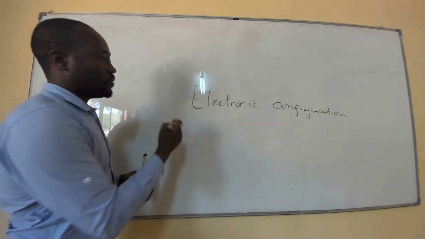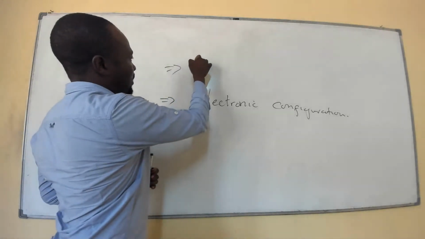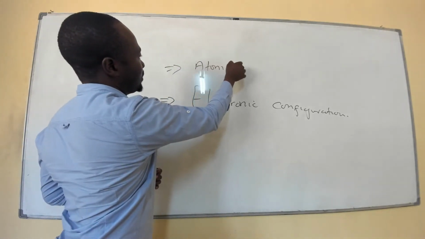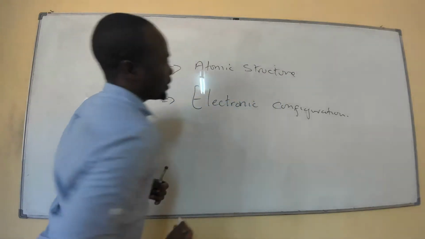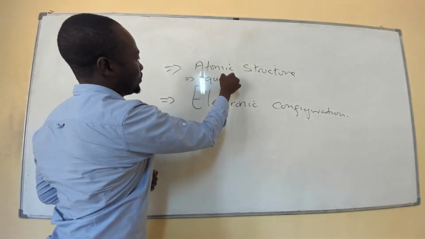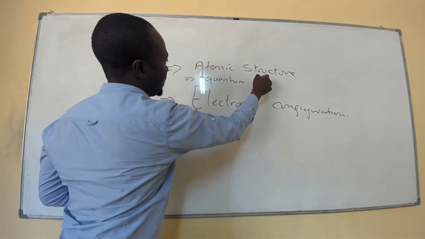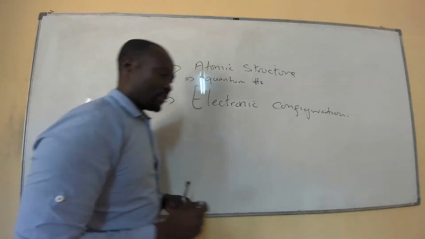But first, before we go to that, I was thinking maybe we try to consolidate on parts of the atomic structure that we're looking at, where we talked about the quantum numbers. So I was thinking maybe we start with that.